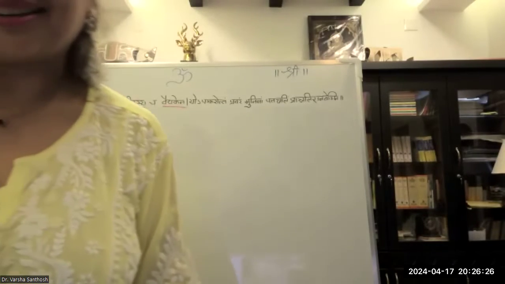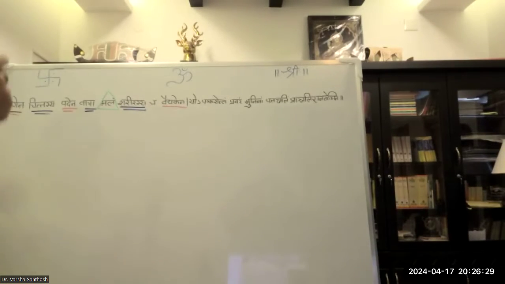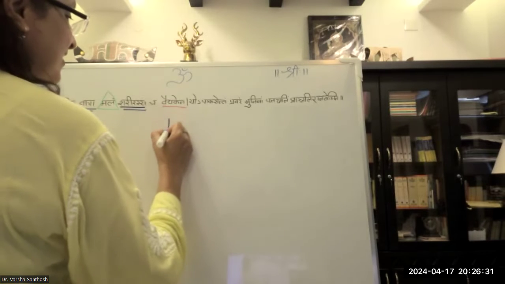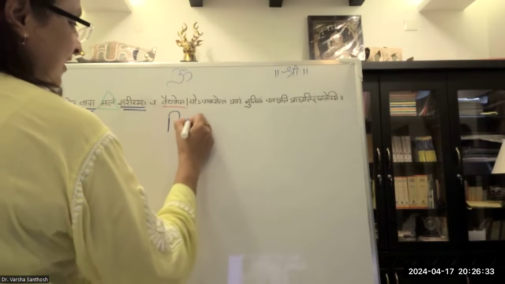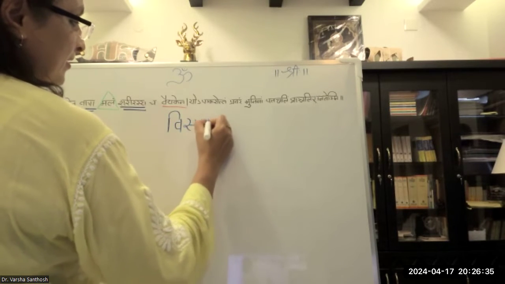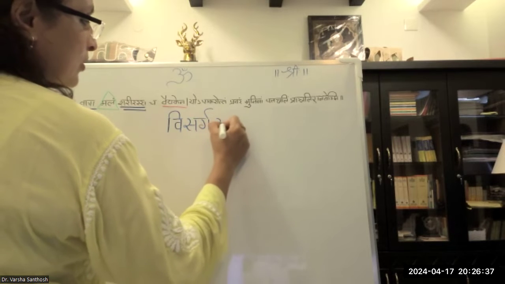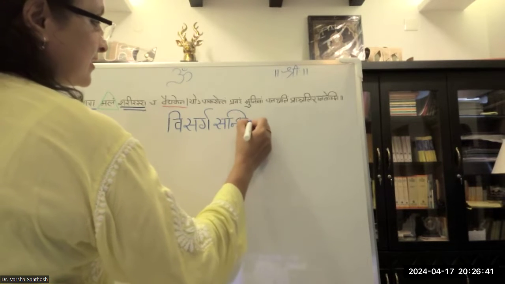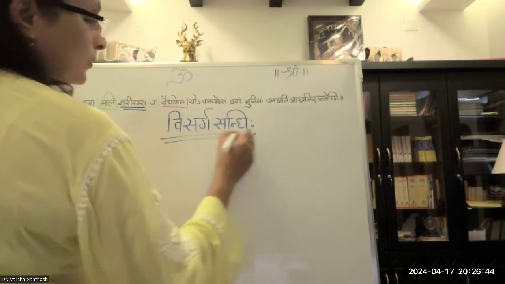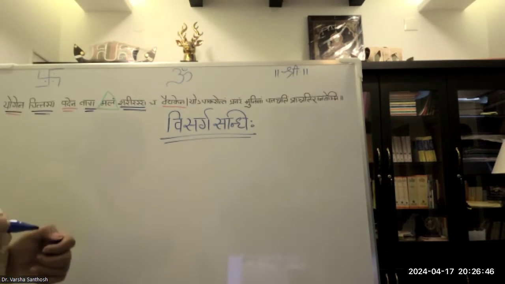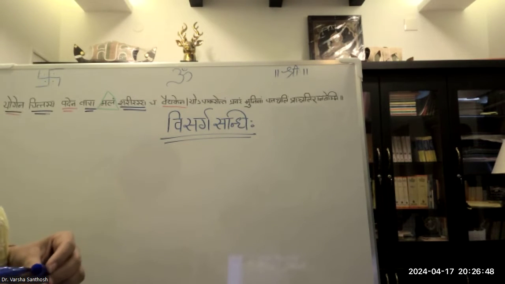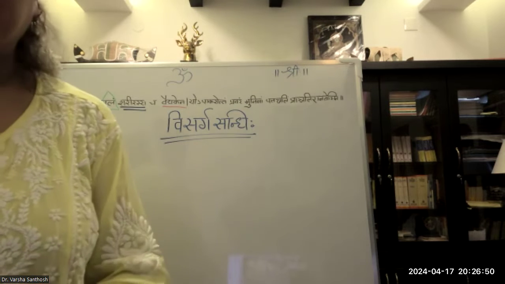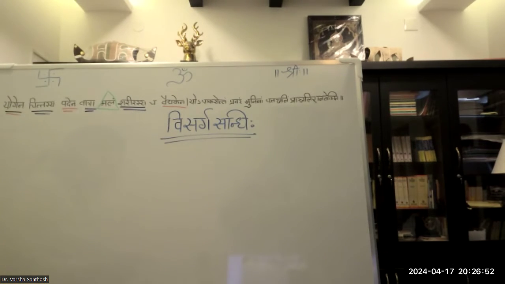Now let's get into the topic of Visarga Sandhi. So all of us get stuck in chanting when this Visarga Sandhi happens, and we really don't know what is happening when. So today I hope with this class, those doubts should clear. So Visarga Sandhi is going to be of 4 types.